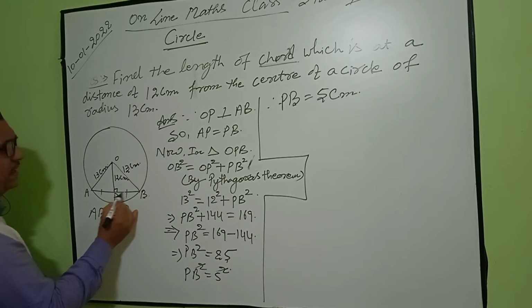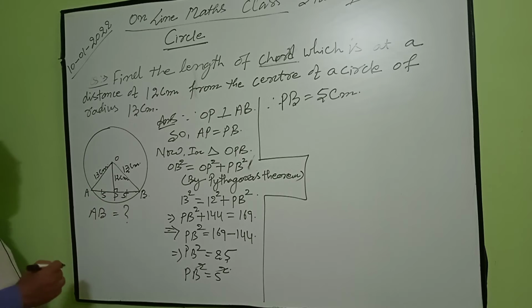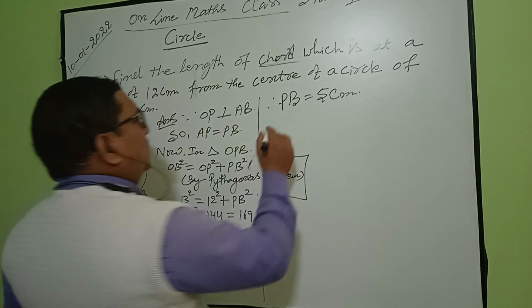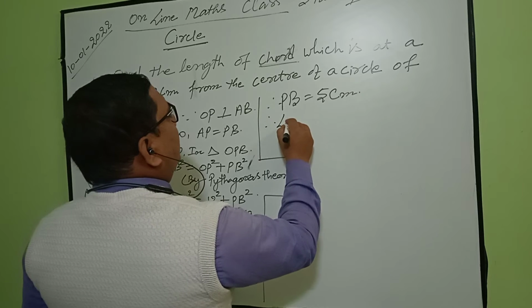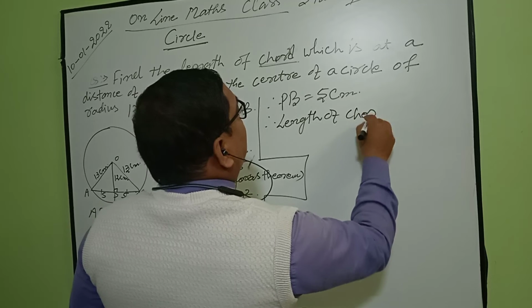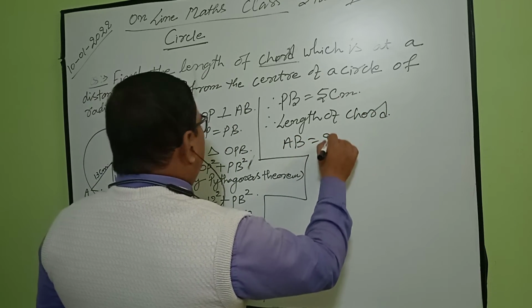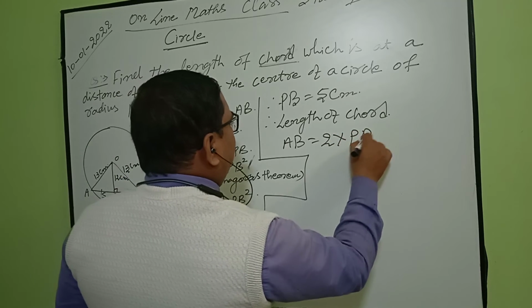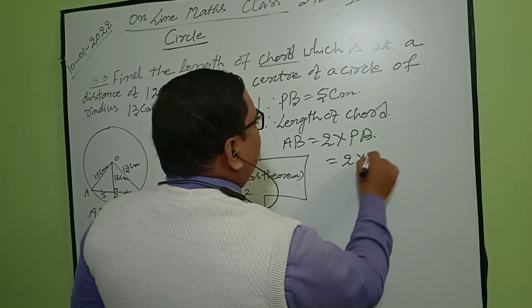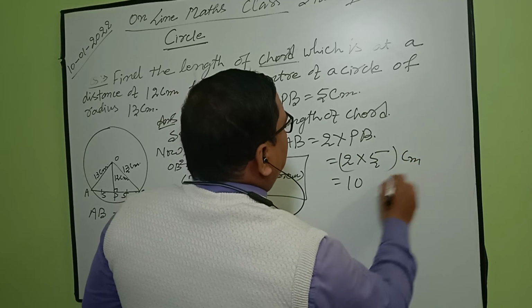It means this length PB, from this point to this point, becomes 5, and OP is the bisector, so this will also be 5. So the length of chord AB equals twice PB, that is 2 into 5, it becomes 10 centimeter.